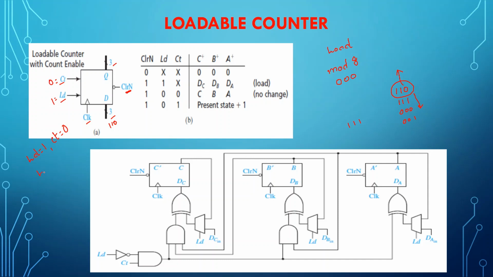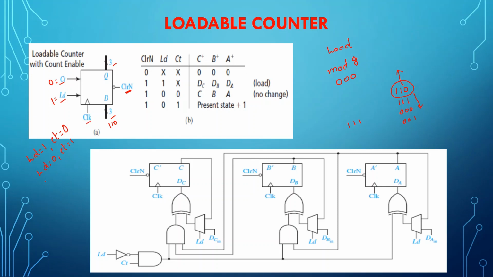After that, if you make load equal to 0 and count equal to 1, the count of this loadable counter will start progressing in the upward fashion or in the downward fashion as per the design you have carried out. So if this is an up counter and the number you loaded is 110, the next count it is going to display is 111 with respect to the clock input you have given.